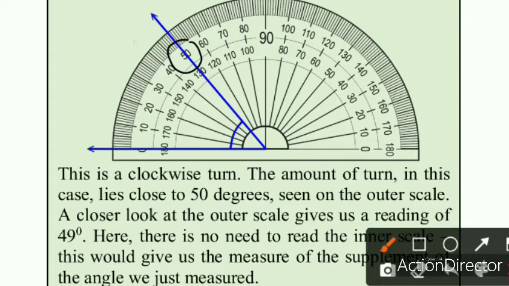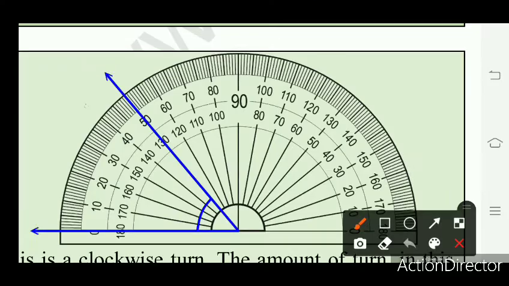Here there is no need to read the inner scale, as this would give us the measure of the supplement of the angle we just measured. So here we say that this is a 49 degree angle. So dear students, by using this protractor you will easily find the degree of an angle.